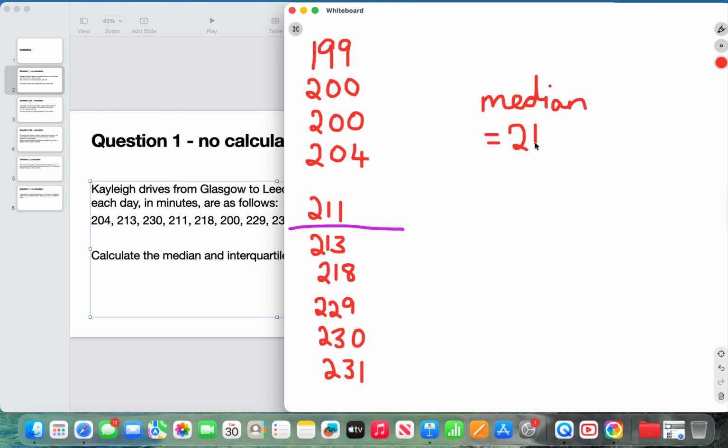So 211 plus 213 divided by 2 is 212. And it's in minutes.